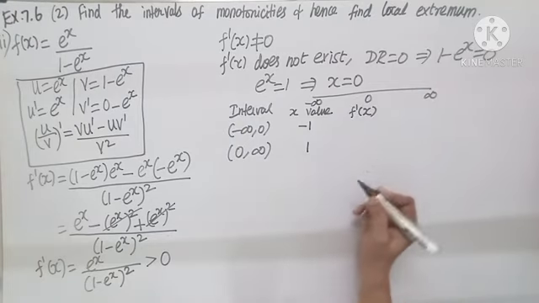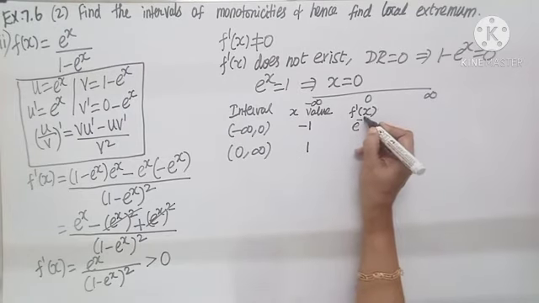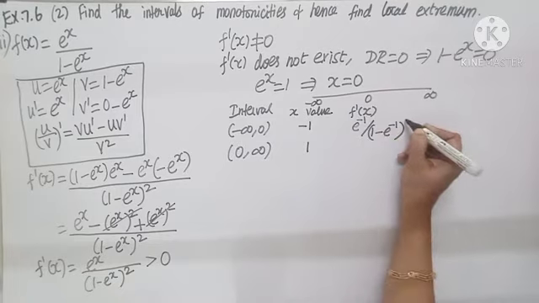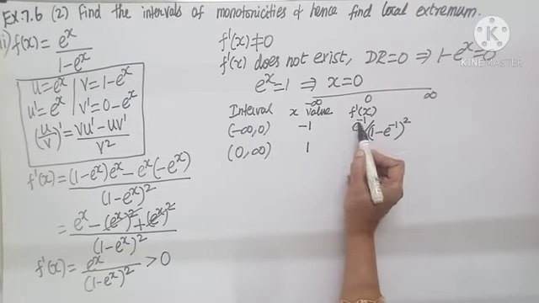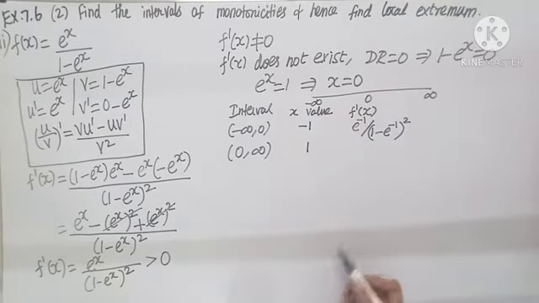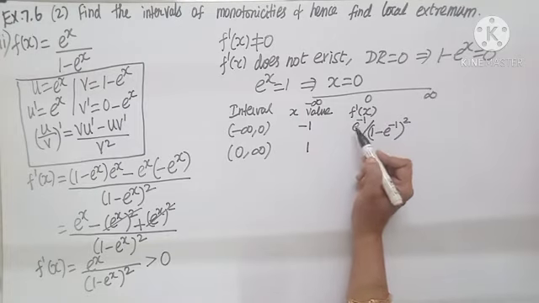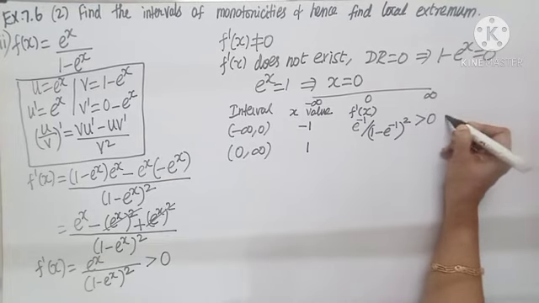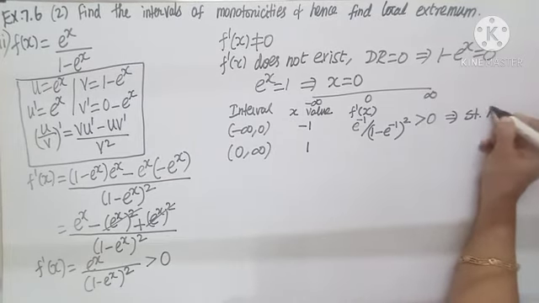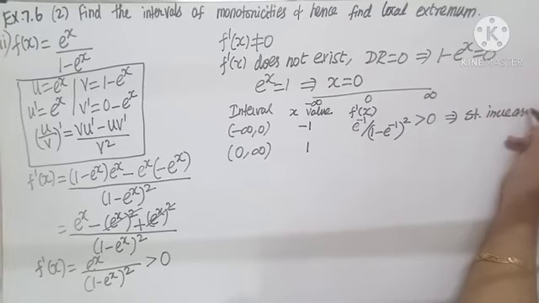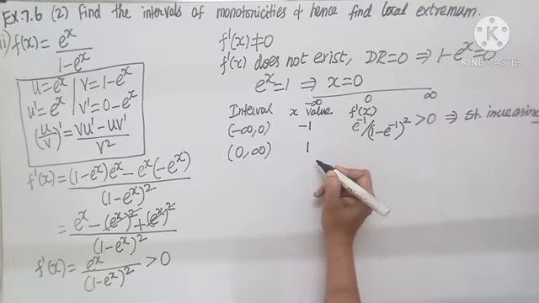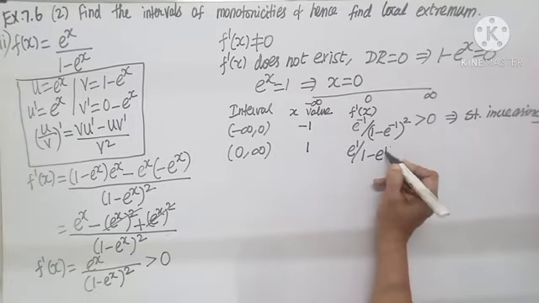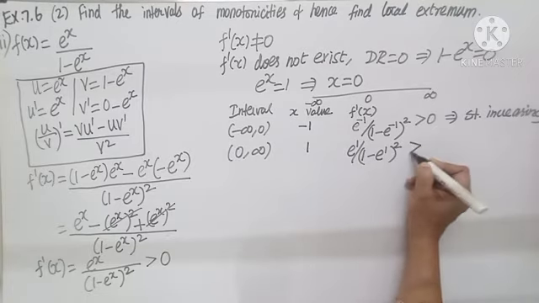What about f dash of x? f dash of x will become e power minus 1 by 1 minus e power minus 1 the whole square. Even if e power minus 1 is coming, I can rewrite it as 1 by e which is positive. So just write greater than 0 tells me strictly increasing. The same idea for the second one also. Put x is equal to 1. e power 1 by 1 minus e power 1 the whole square.